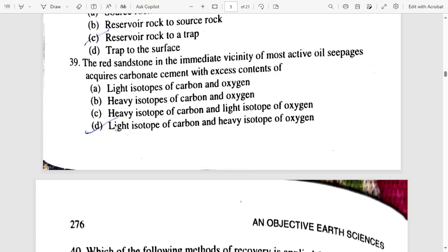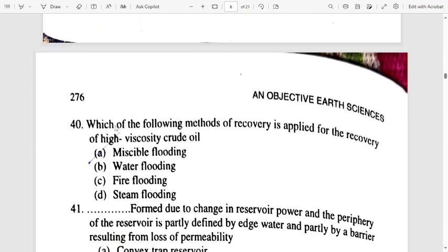So, red sandstone in the immediate vicinity of most active oil seepages acquires carbonate cement with excess contents of light isotope of carbon and heavy isotope of oxygen.